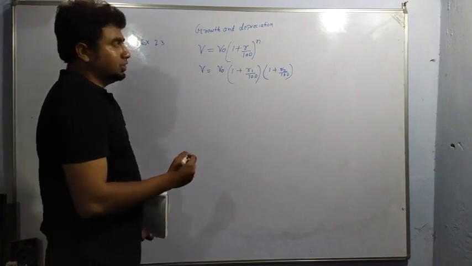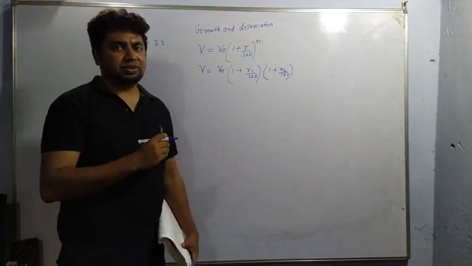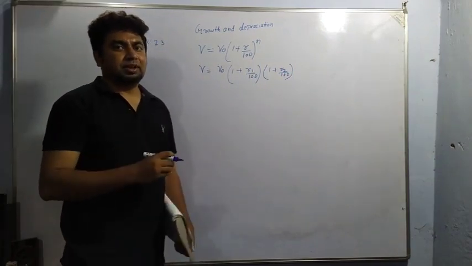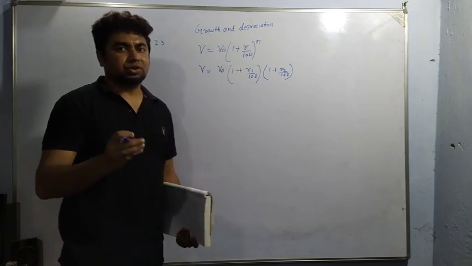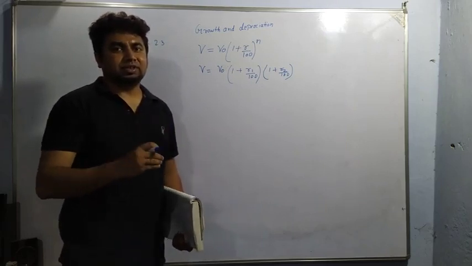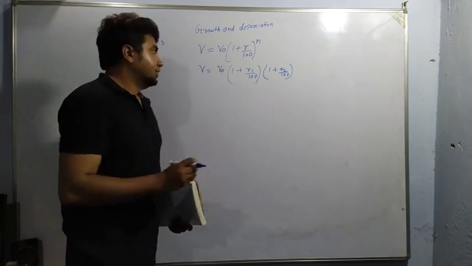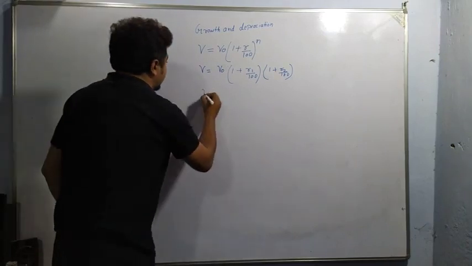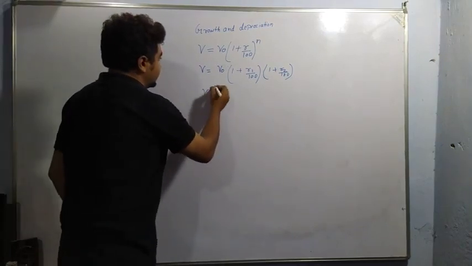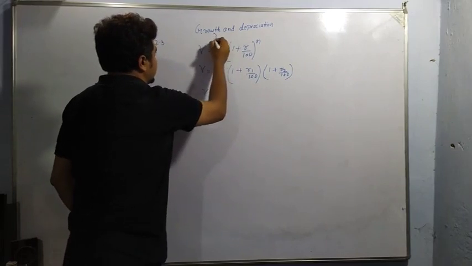Now if I am talking about depreciation, depreciation means a decrease in the price. If you want to sell your car after 2 years, its price will not rise, its price will decrease. So in the case of depreciation, this was the growth case.